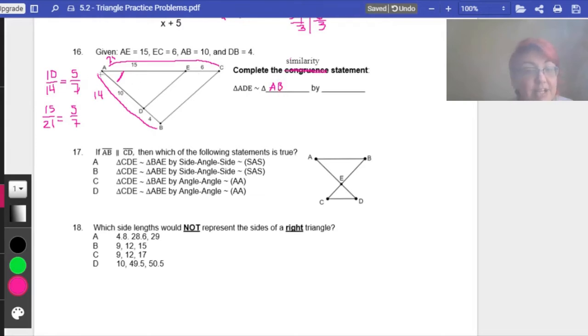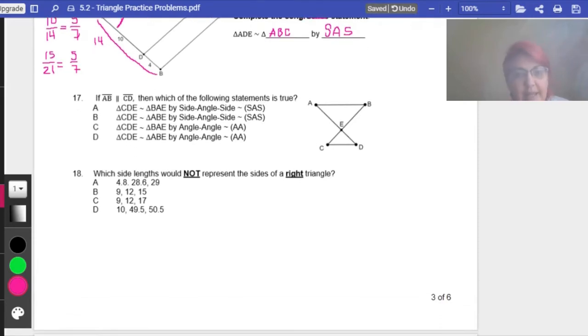And AE matched AC, which means that E matches C. Now we need to put the theorem that tells us that two triangles are similar if they have a congruent angle, which a reflexive or shared angle is, that is between two sides that are in proportion. We absolutely have that here, side, angle, side. So triangle ADE is similar to triangle ABC by side, angle, side. Let's move on.